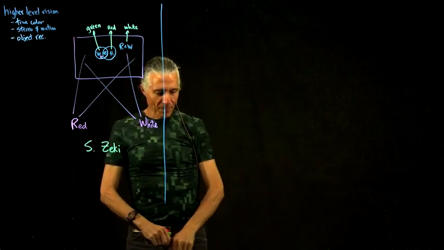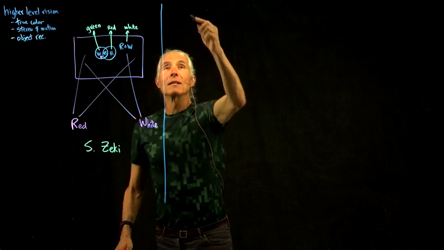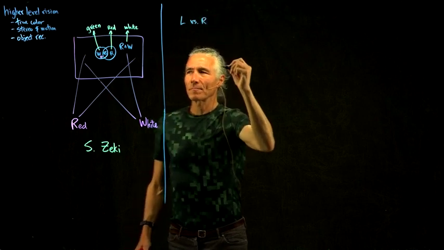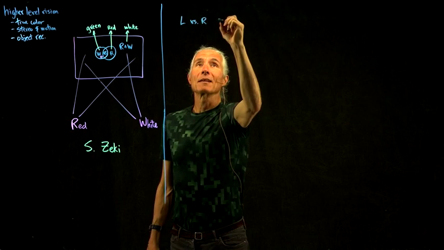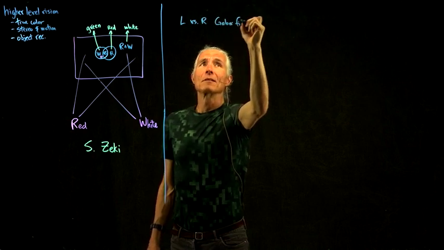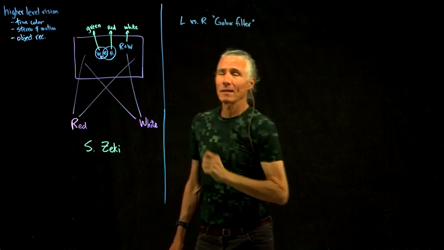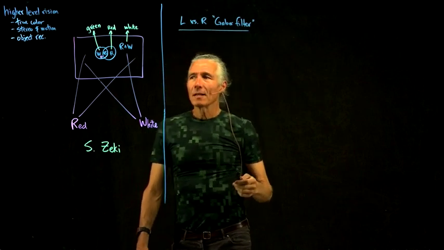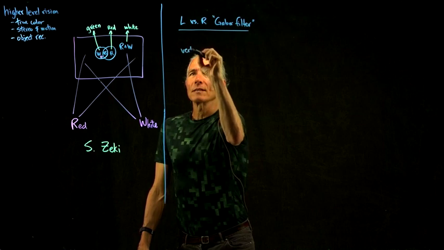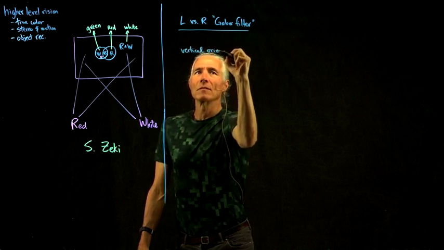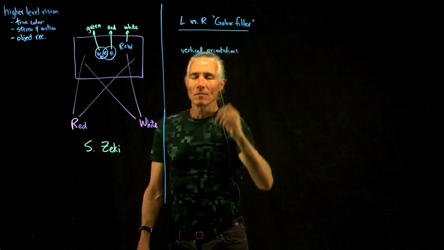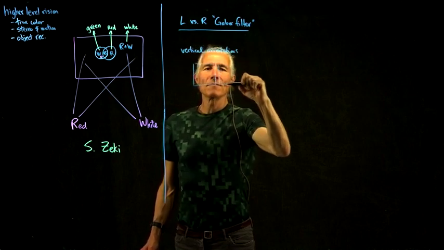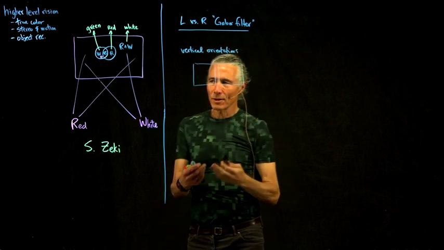And one of the interesting observations was that if you look at the left versus right Gabor filter in cells in V1, if you look at vertical orientations, what you find is that the left and the right eye might have a different substructure to the receptive fields.